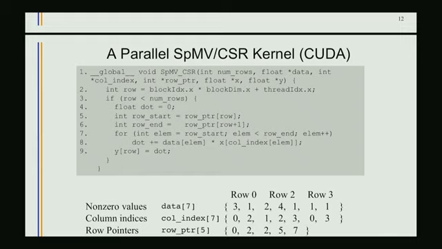So then I've got the for loop here. I start at the start, and I keep going until I reach row end, all the while incrementing, and then I calculate the dot product, which is data element times x at the column index of the element.